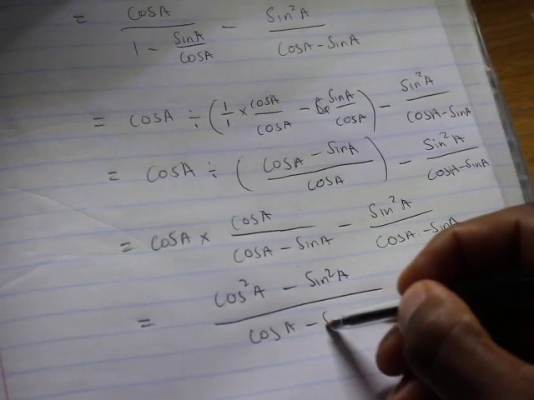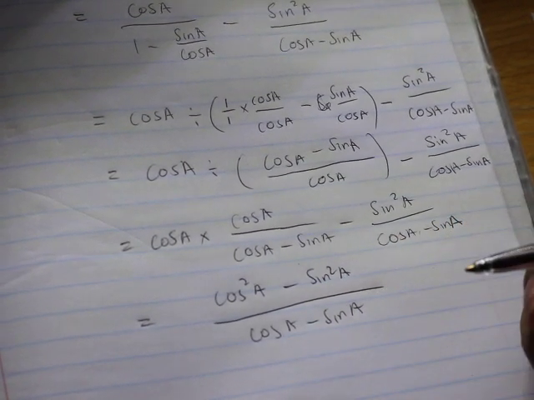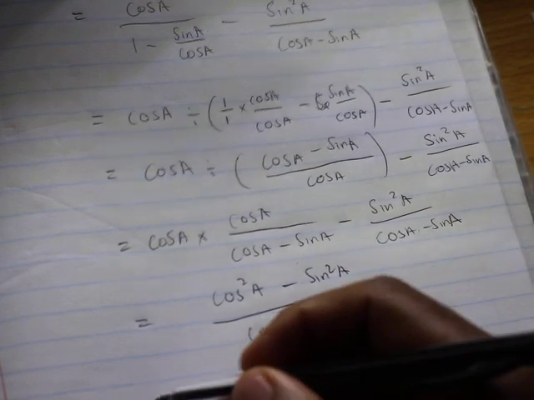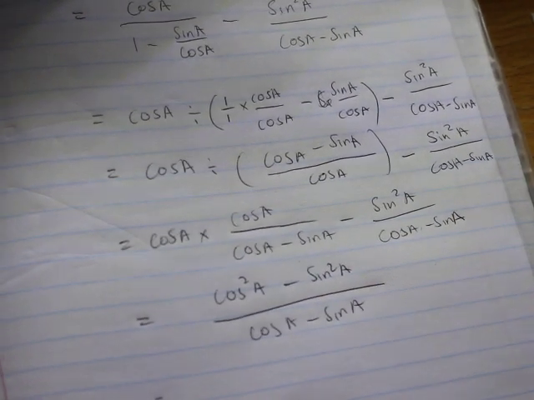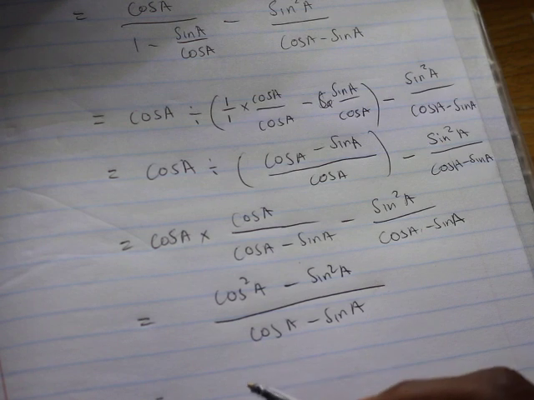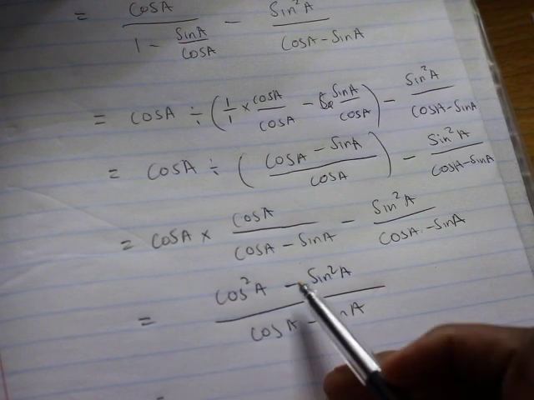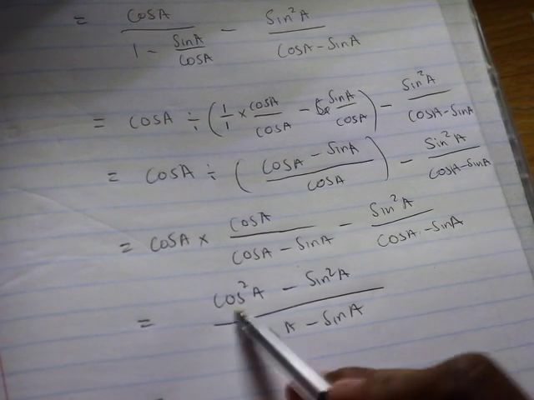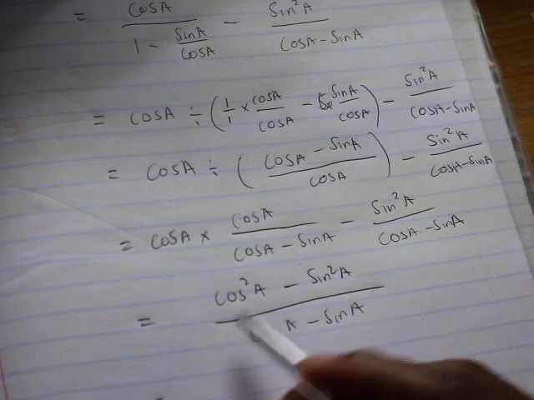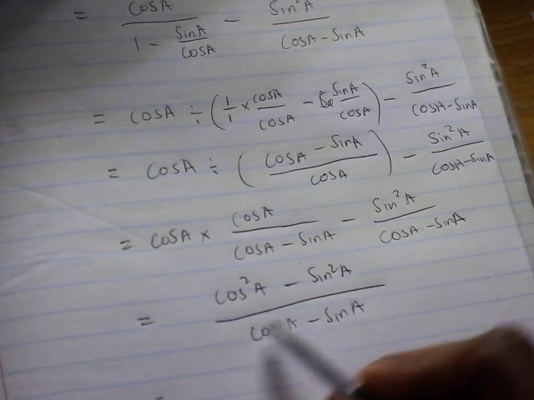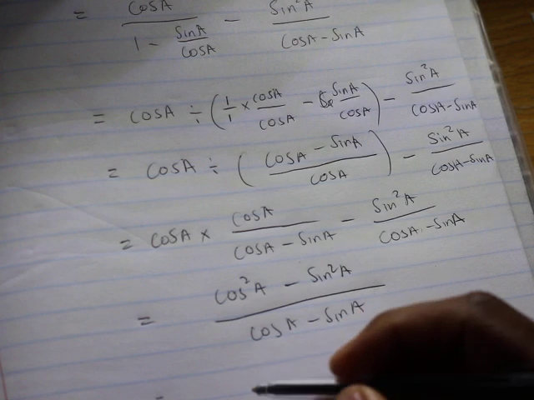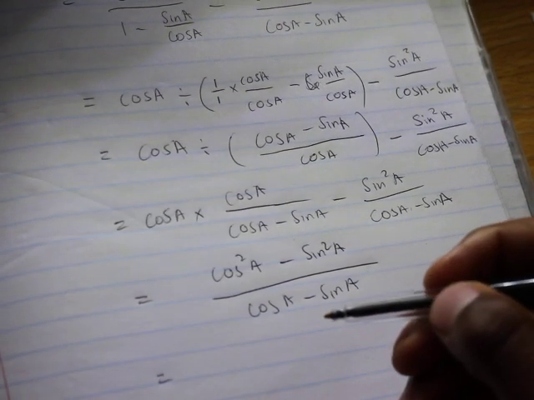Cos A minus sine A. Beautiful, isn't it? And then we can factorize because we want this to cancel. This is the difference of two squares, one square, another square. So if we factorize that, you will see this will show up in the numerator. So let's do that.